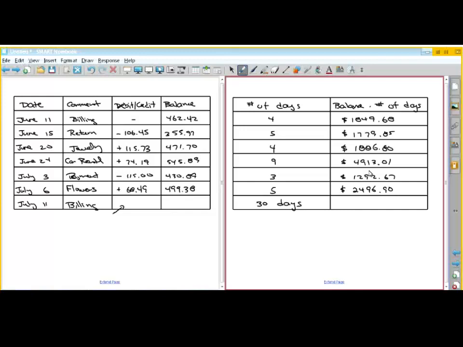Now you add all these up. 1849.68 plus 1779.85 plus 1886.80 plus 4913.01 plus 1292.67 plus 2496.90. So the sum of all these is 14,218.91.